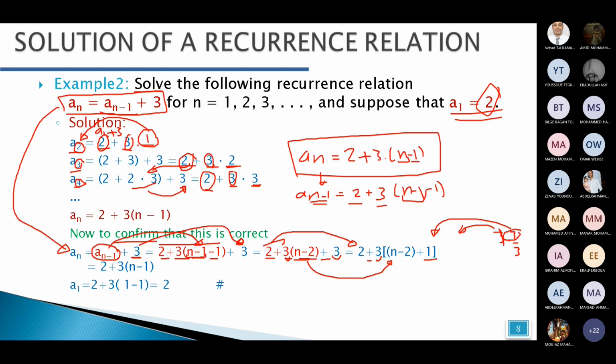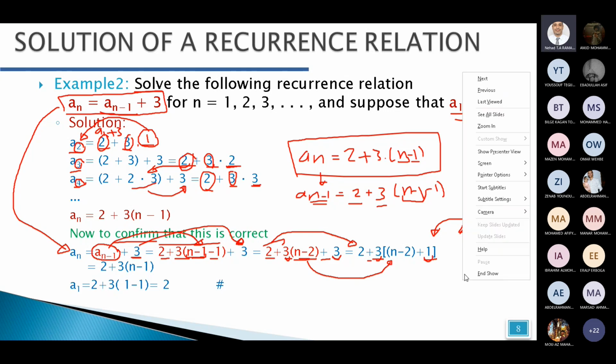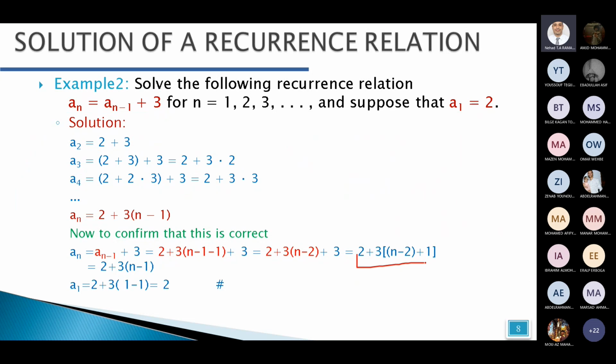So when we take the 3 as a common factor outside, we still have 1. Now reorganize this again. We reach here: 2 plus 3 times (n minus 2 plus 1), which means multiply by n minus 1.